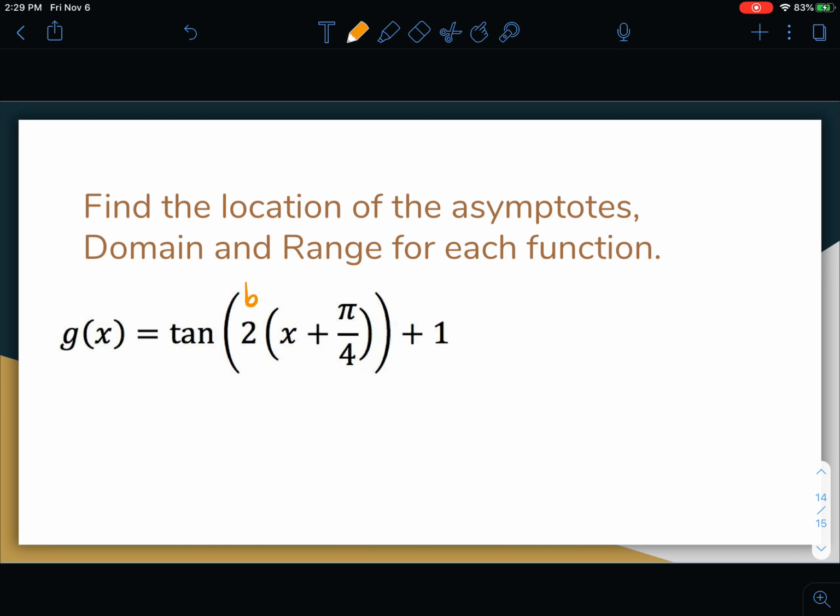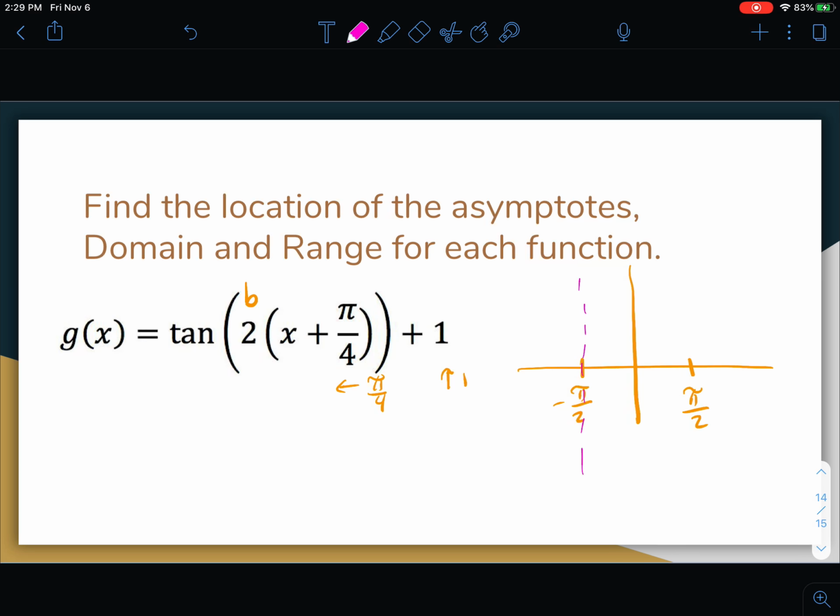Okay, so for this one, our b value is 2. And this is telling me I'm going to go to the left pi over 4, and I'm going to go up 1. All right. Again, let's think about no parameter changes, and let's see how we're going to change things up.